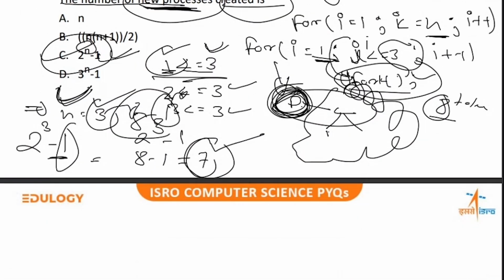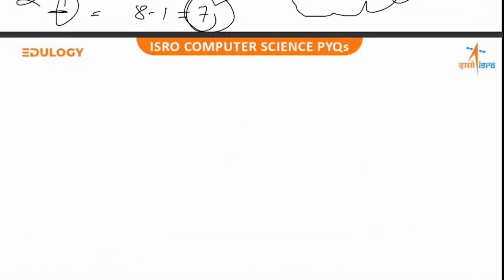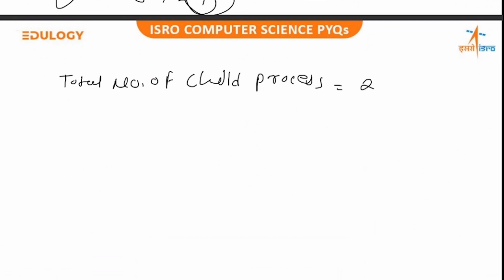Now I am giving you some points. Write them down or understand them, and try to keep these points in your mind. If someone asks you the total number of child processes, then simply 2 power of n minus 1.